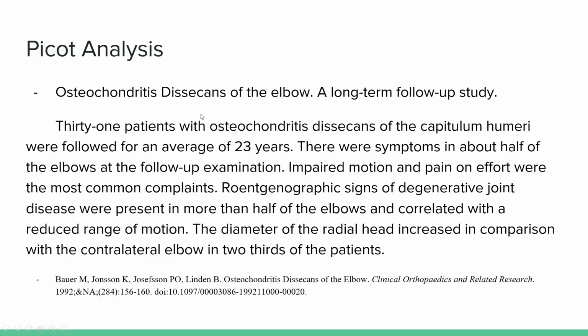So for my PICOT, it was about osteochondritis dissecans for the elbow, which was a long-term follow-up study. I'll let you guys read this here for a little bit. There were 31 patients, not one patient.